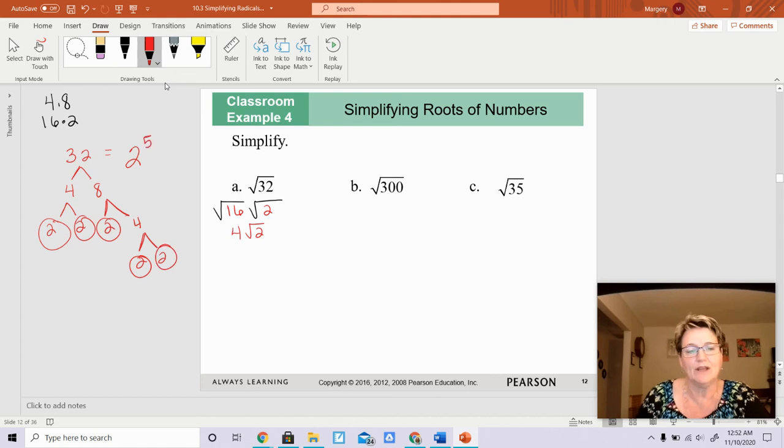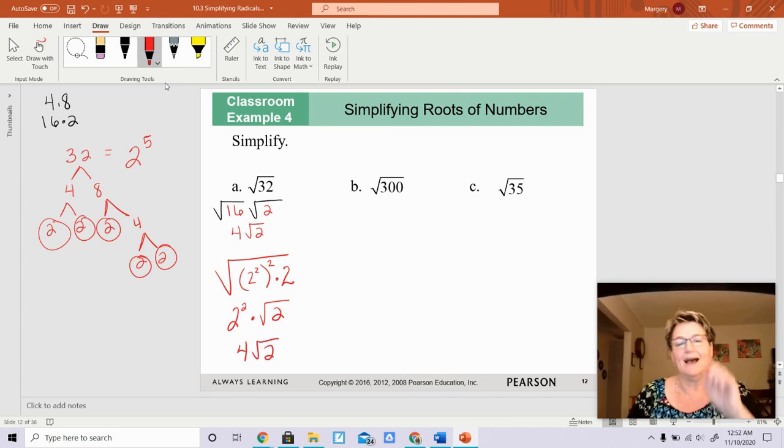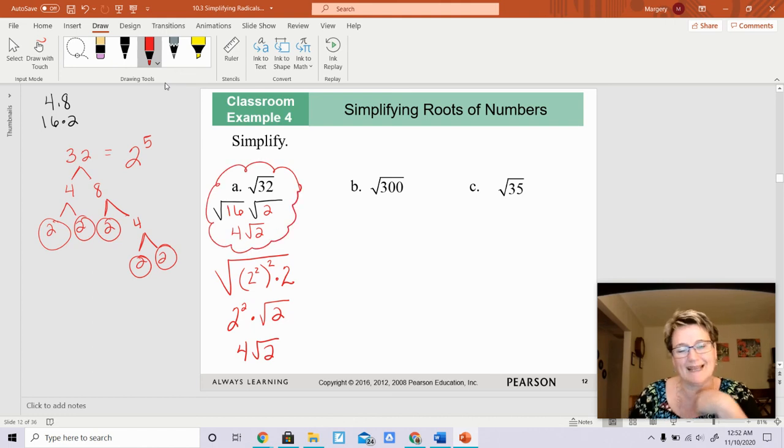So another way to do this would be the square root of 2 squared raised to the 2nd power, because that's going to give you 2 to the 4th power, times 2. Now, when you square root 2 squared to the 2nd power, the 2 squared comes out, times the square root of 2. So you end up with 4 square roots of 2. I personally like to use perfect square roots. I think it's quicker, but I wanted to show you guys both.